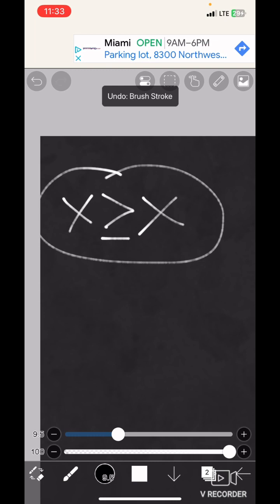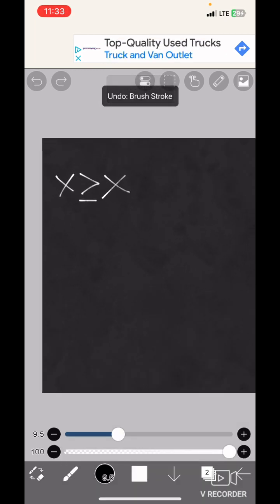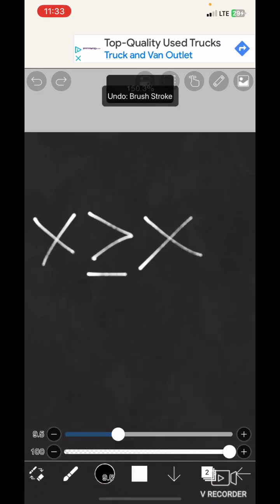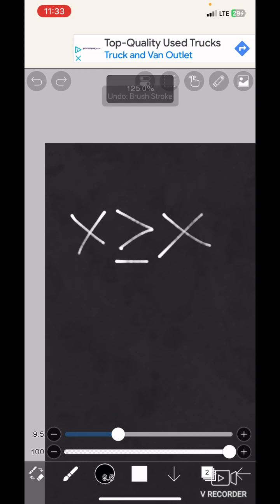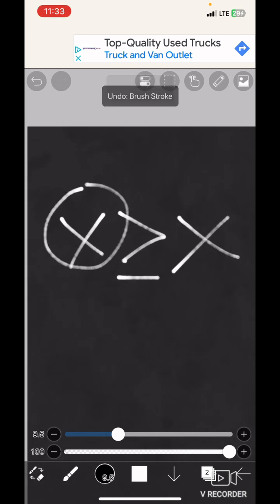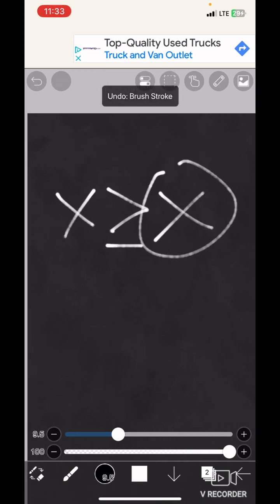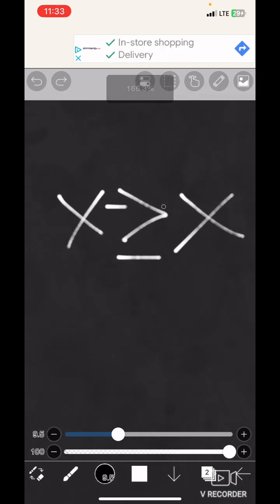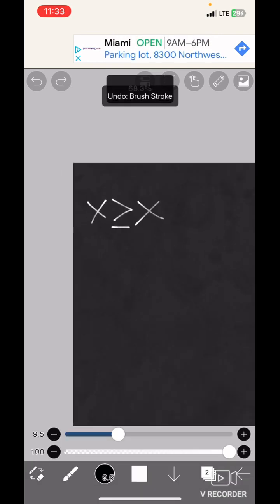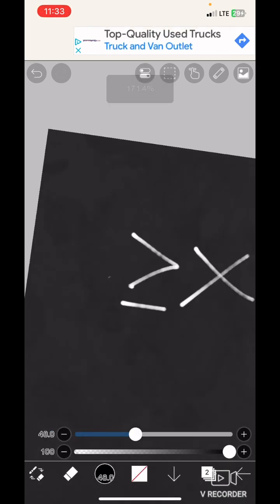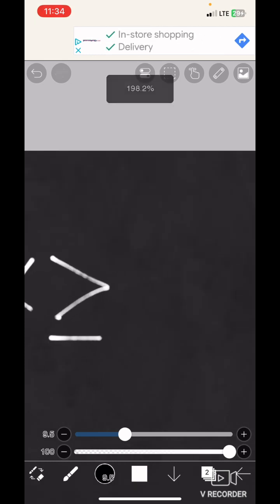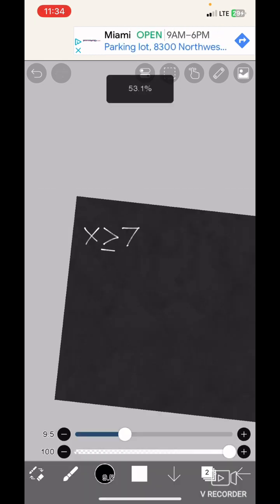But what this expression, or inequality, means is that the solution to this inequality could either mean that the number is greater than the other number on the other side of the expression, or it's equal to the expression. Let's say, for example, that the number on the other side is 7.